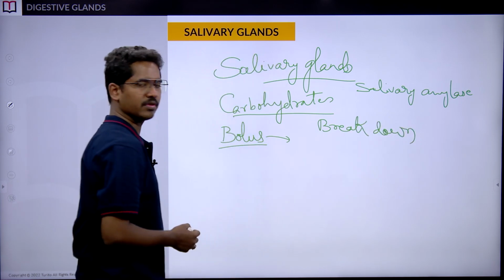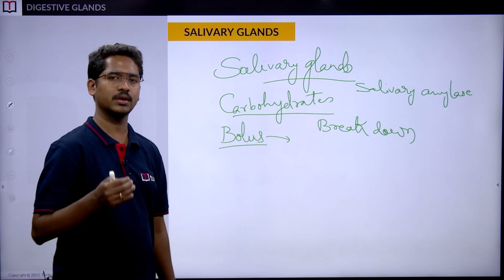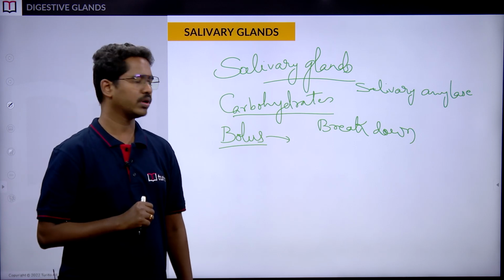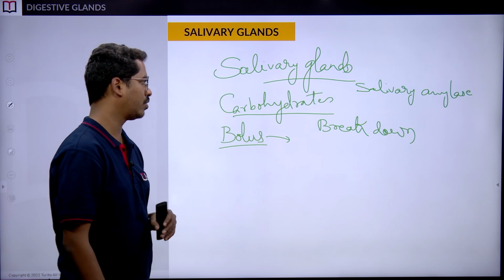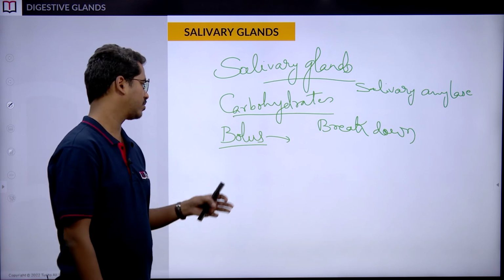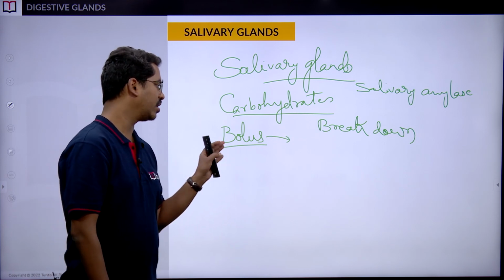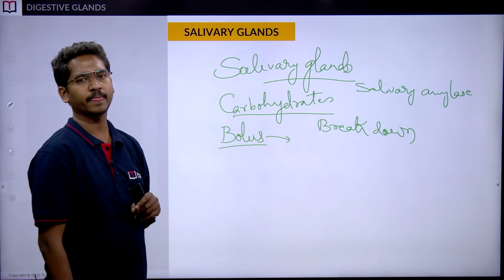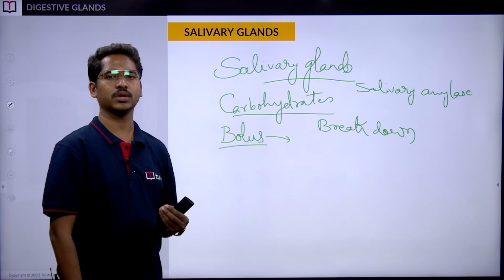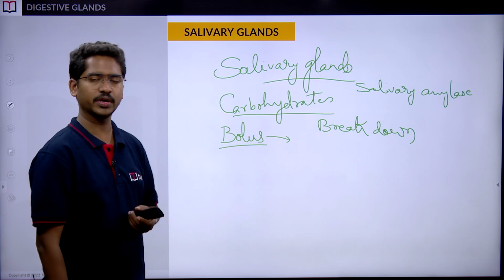Based on your previous information, that is whatever you have learned in the lower classes, you can clearly tell me that the salivary glands are involved in making the bolus first of all, and we also need saliva so that we can speak properly, isn't it? You agree with that?